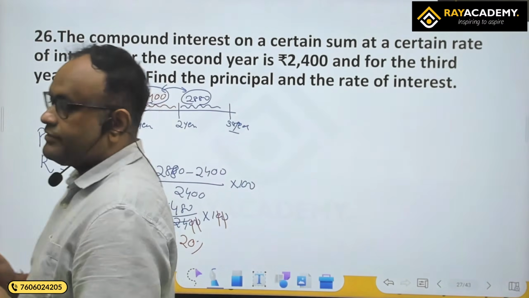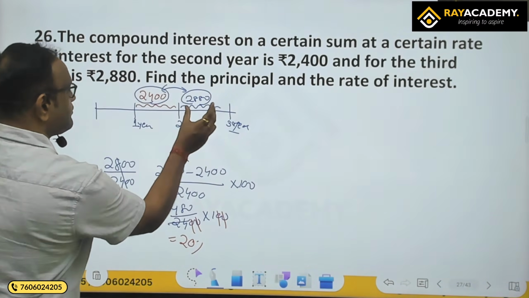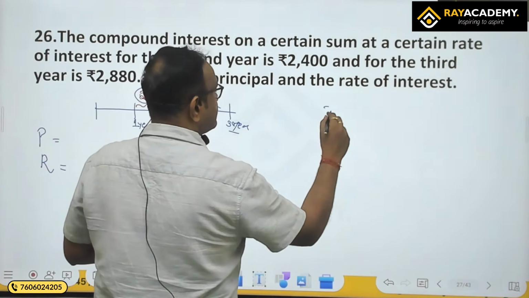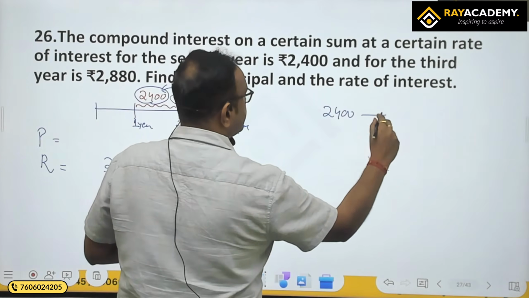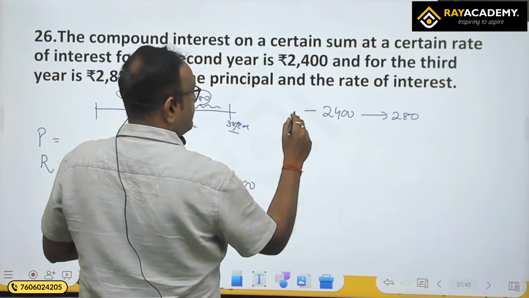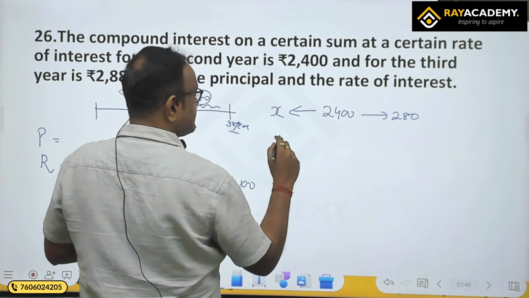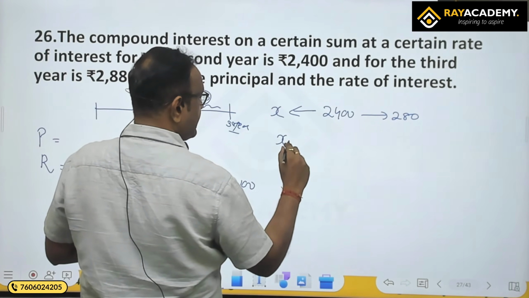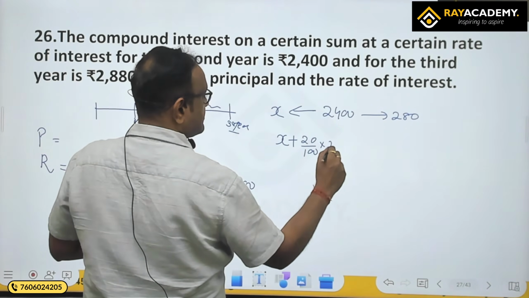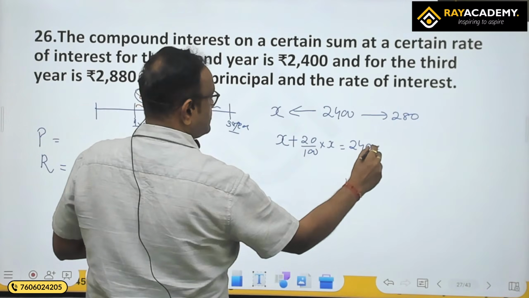Now you think, if the second year interest is 2400 and the third year interest is 2880, then the first year interest, let's say it is x, will also grow by 20%. x plus 20 by 100 into x will be equal to 2400.